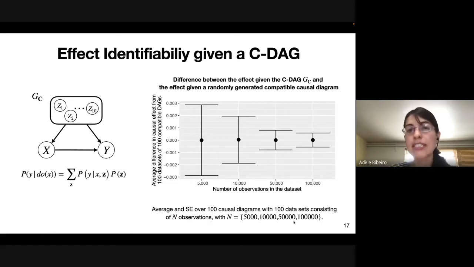So this is just an illustration that we can accurately compute the effects given the cluster causal diagram, which encodes just partial knowledge, a much coarser description of the system. And the results are the same as if you had specified all the relationships among all the pairs of variables.